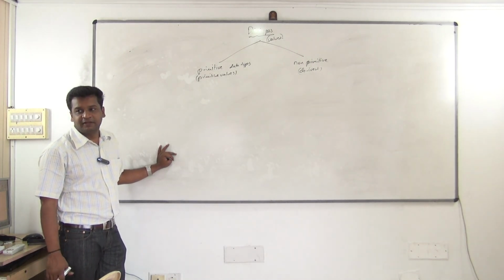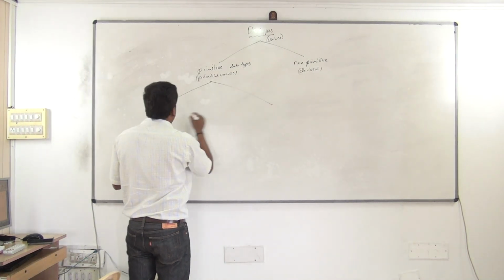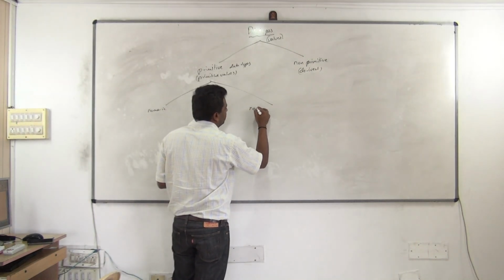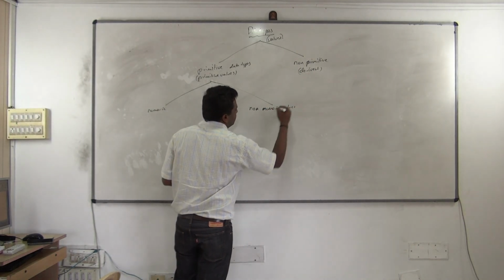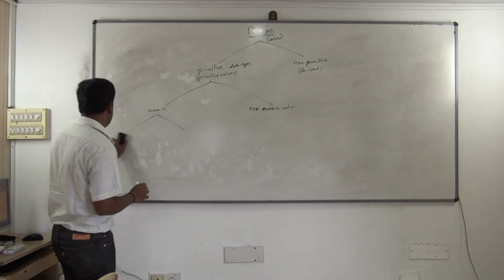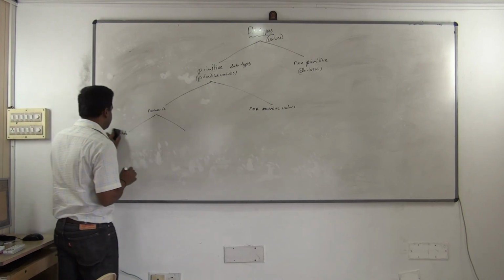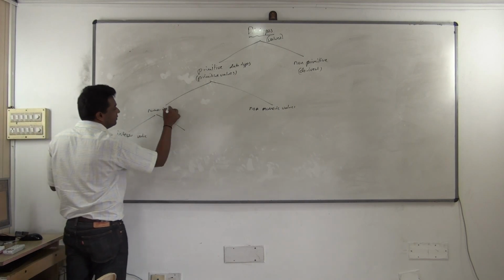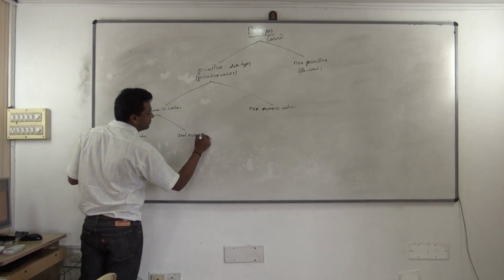Numeric, non-numeric. Correct? I'm talking about values. So there are two types of values: one is numeric values, the other is non-numeric values. Again in numeric, how many types are there? Can you guess? Whole number values or integer values, and real number values or floating values.